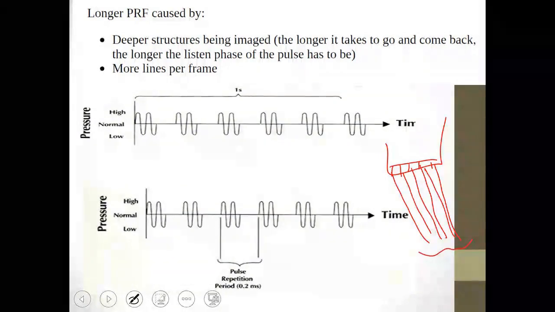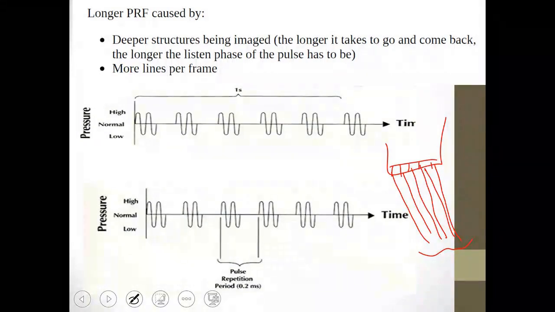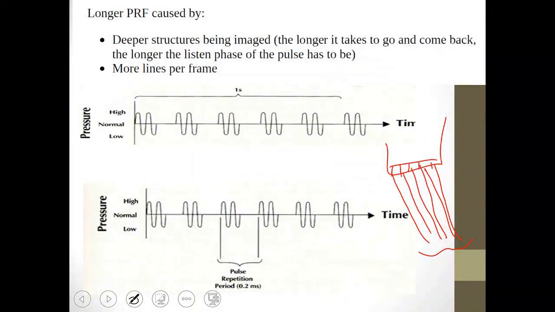The more lines there are, the better it is for the frame. The increase in the number of lines per frame is good for the resolution and clarity, which is crucial for optimal results.